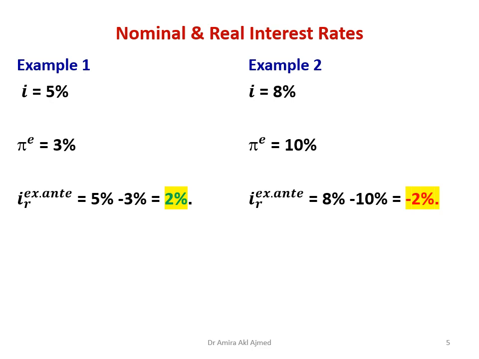This implies that you will receive 8% more dollars at the end of the year. However, you will pay 10% more for goods and services. In other words, at the end of the year, you will be 2% worse off in real terms. This is because you will be able to purchase 2% fewer goods and services.